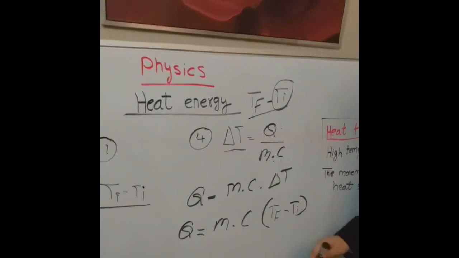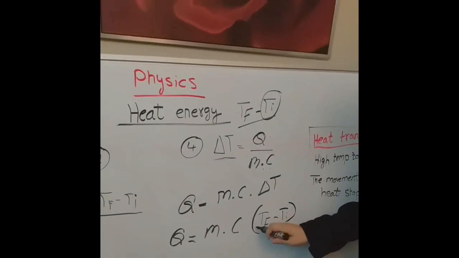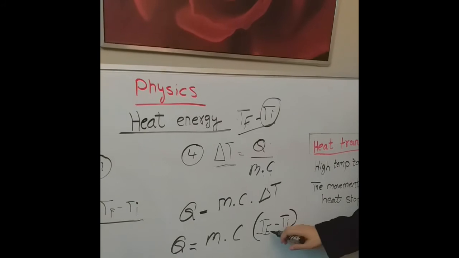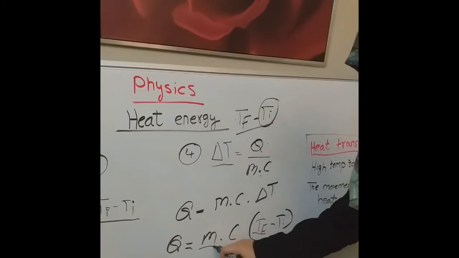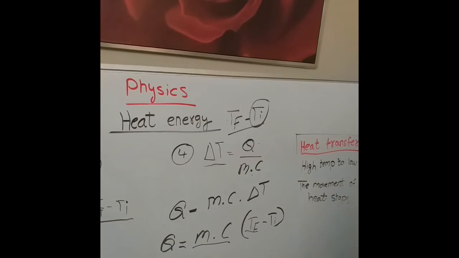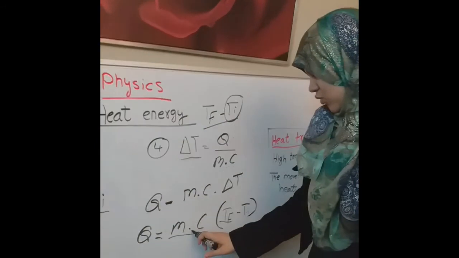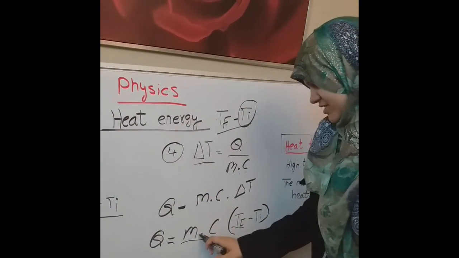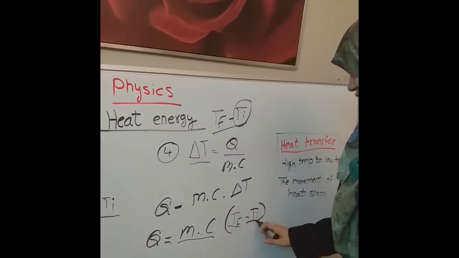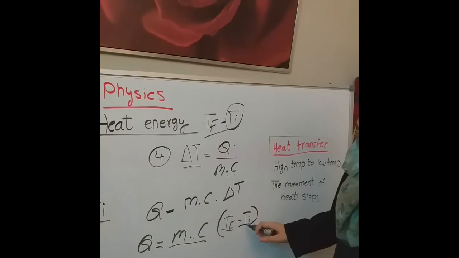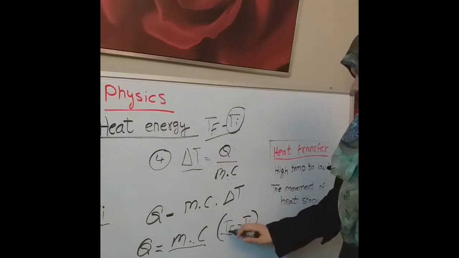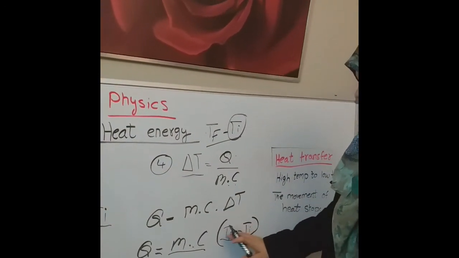After this, if we want to find the final or initial temperature, first we multiply mass by specific heat capacity. After that, of course, we will have the answer here. If it is a negative number, any number, we put it, and Tf we put alone.